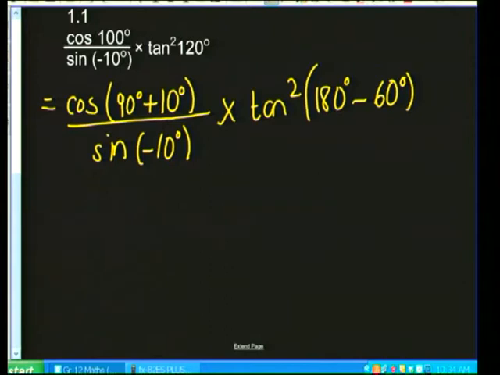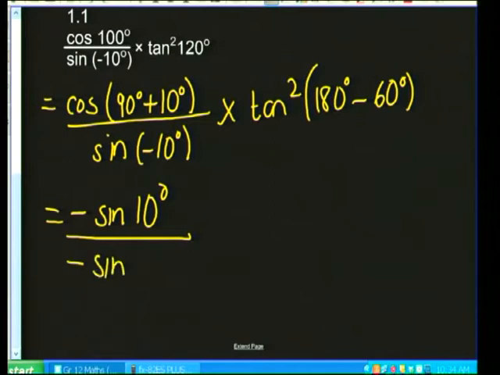Now, this is a co-ratio. If you look at 90 plus 10, the co-ratio gives you negative sine 10 degrees. This is your negative angles. Remember, when sine is negative, the negative comes to the front and becomes negative sine 10 degrees.